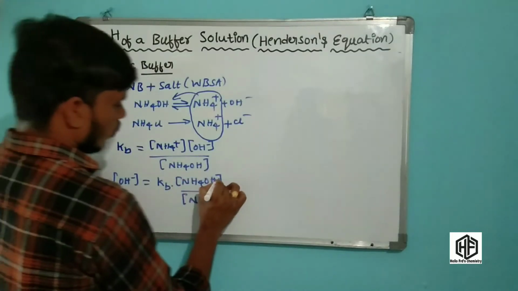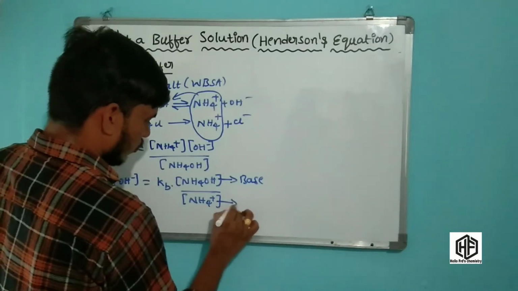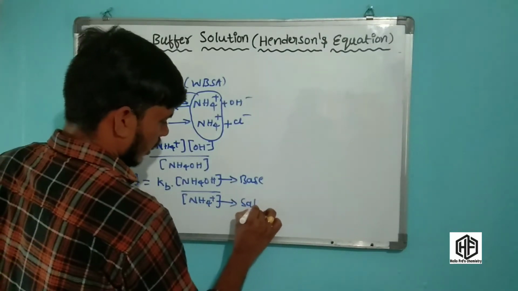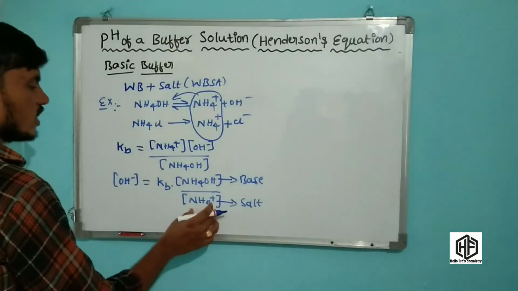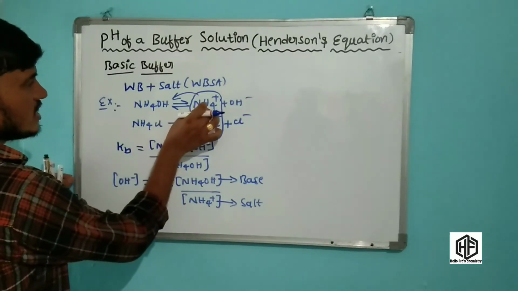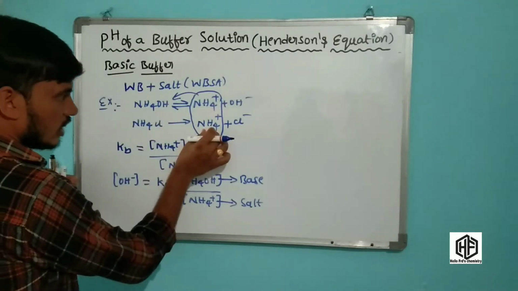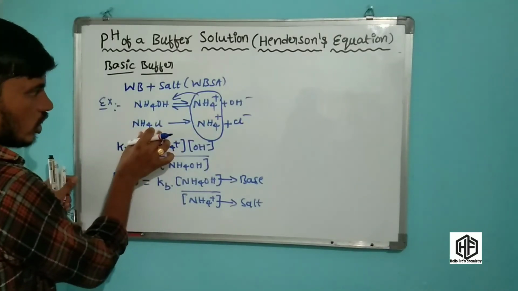Friends, this NH4OH is the base. This NH4 plus is represented as the salt. Why is NH4 plus represented as the salt? The reason is that NH4 plus ions are present in the base as well as in the salt.